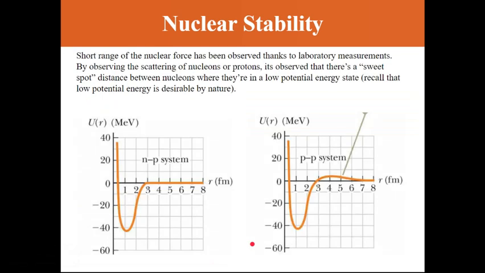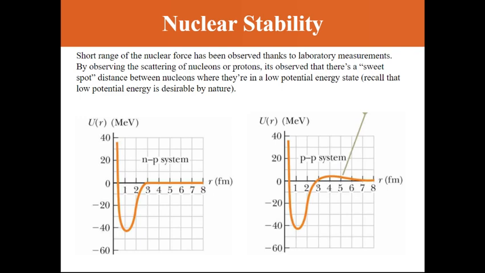So basically, in a nucleus, you have protons trying to repel each other out, and that would make the nucleus unstable. But it's stabilized by the nuclear force that keeps neutrons and protons glued together.